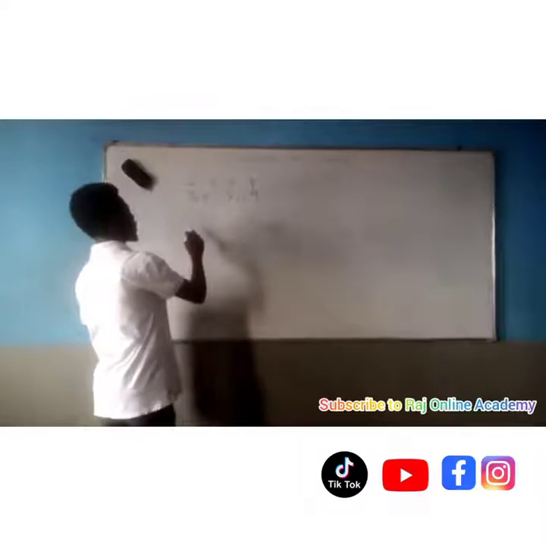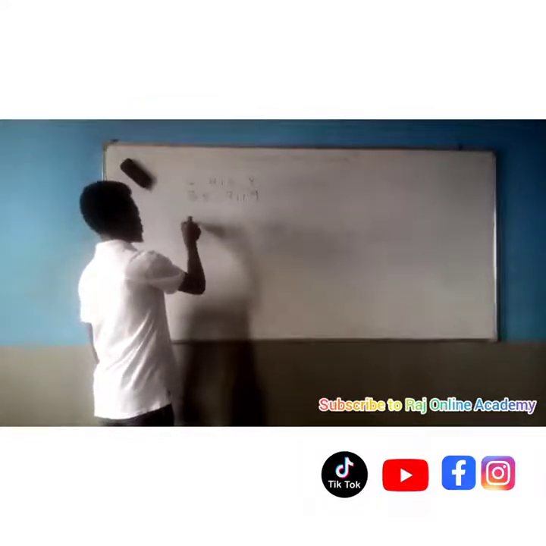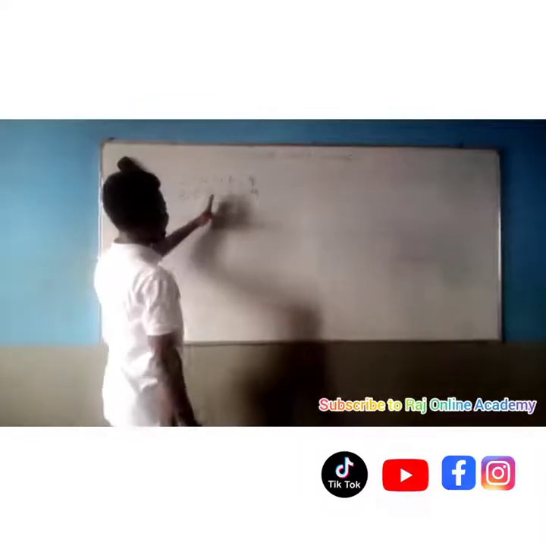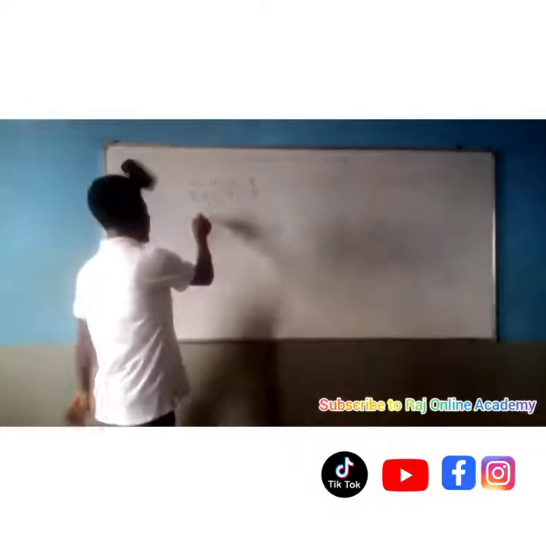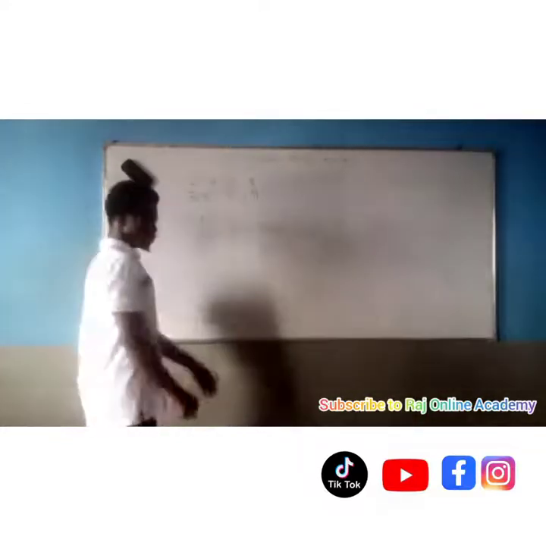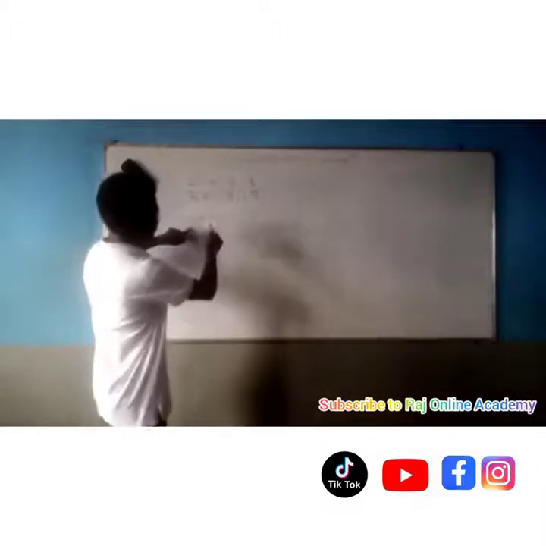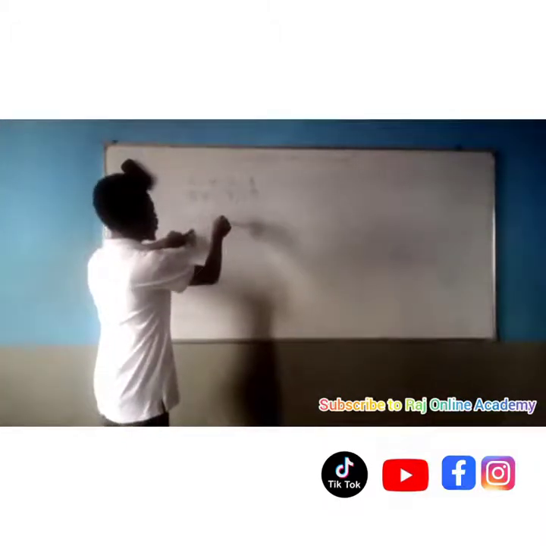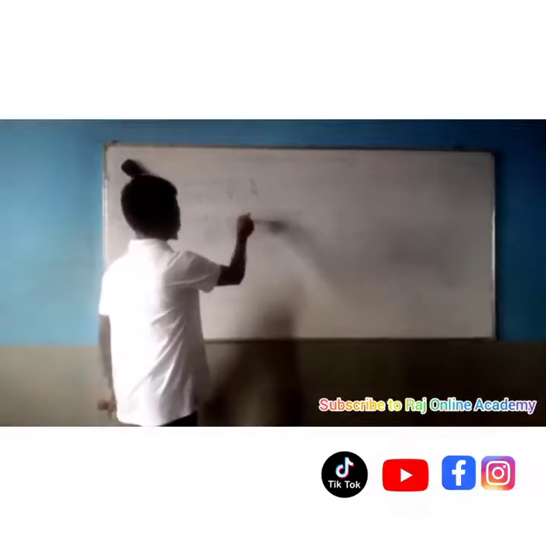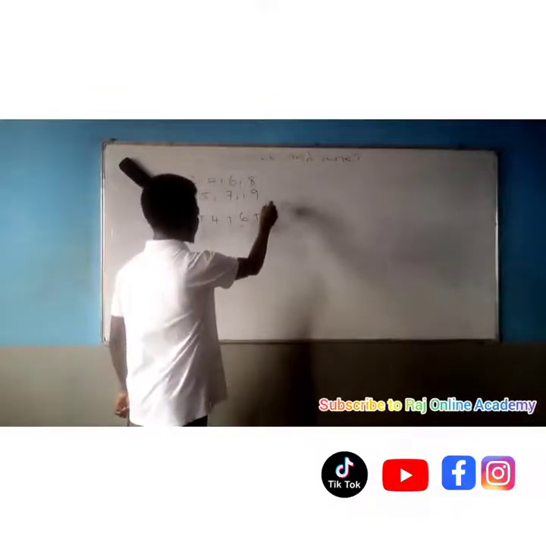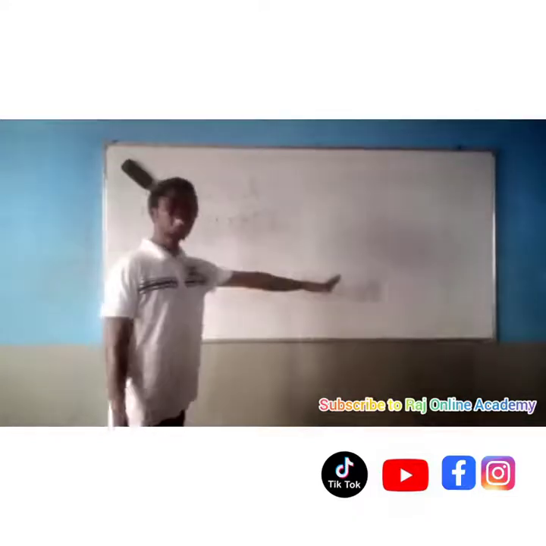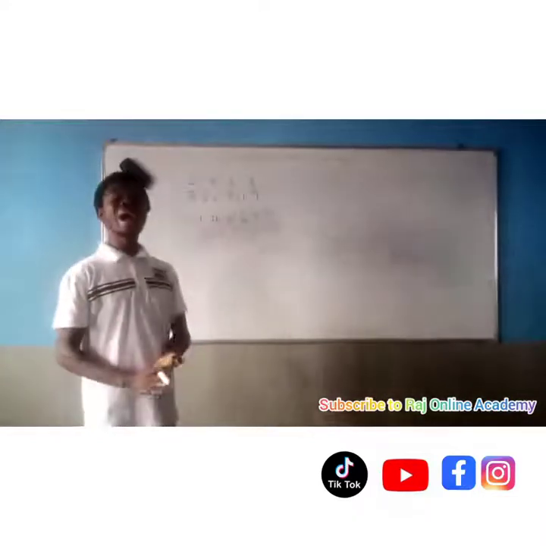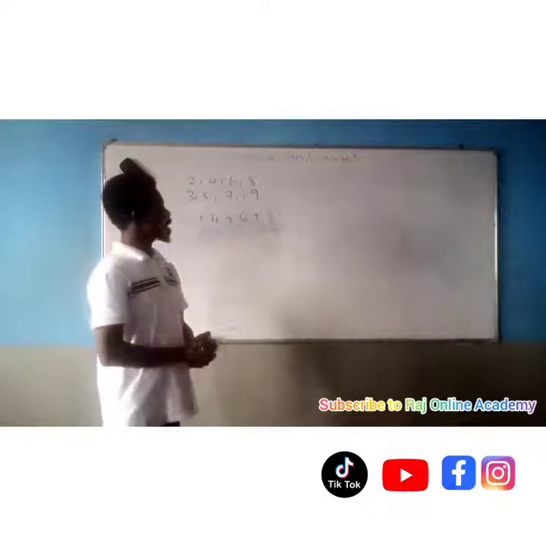Let's take the first sequence here. We have 2, but it's the algebraic sum of a sequence, so we use the sign of sum. This is 2 plus 4 plus 6 plus 8. This is what we call the series, because a series is the algebraic sum of a sequence.